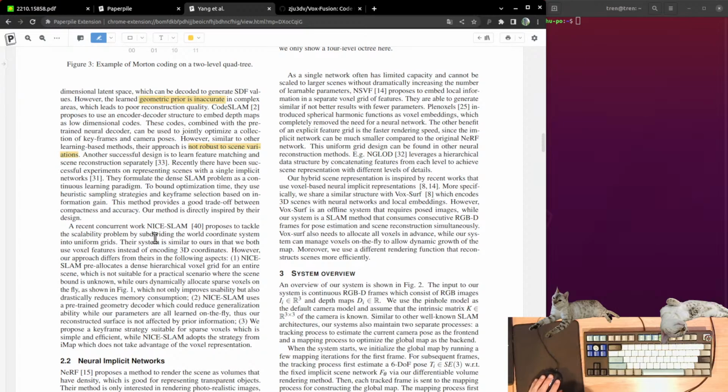Recent concurrent work proposes to tackle by subdividing the world coordinate system into uniform grids. Okay. That's what a voxel is.